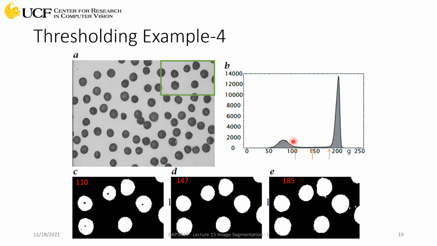Okay. Now, if we keep moving towards the right, let's say you pick a threshold which is closer to this leg of this distribution, and this is, let's say, 185. Then in this case, you will see these scattered boundaries, right?